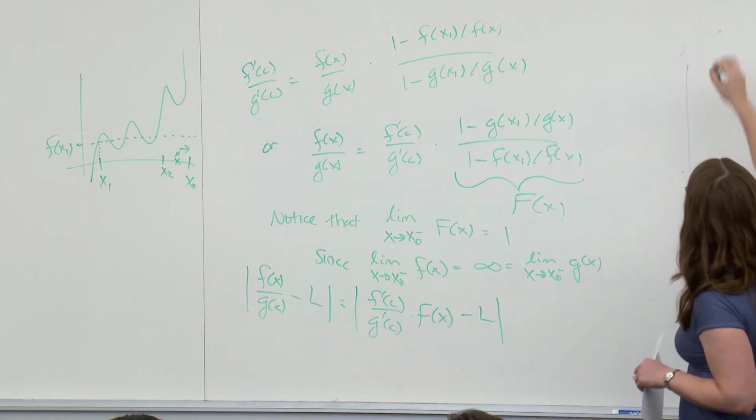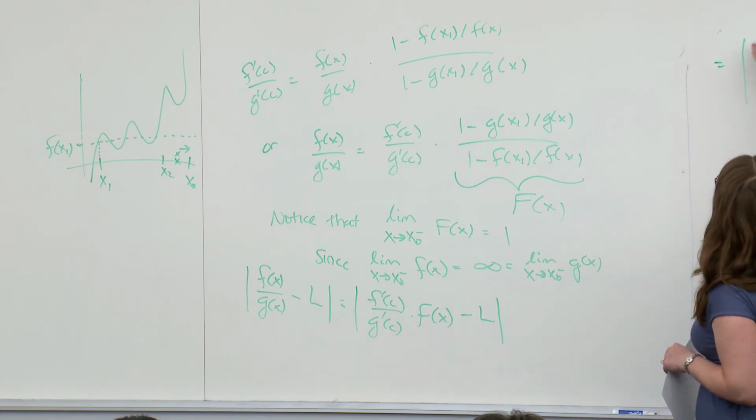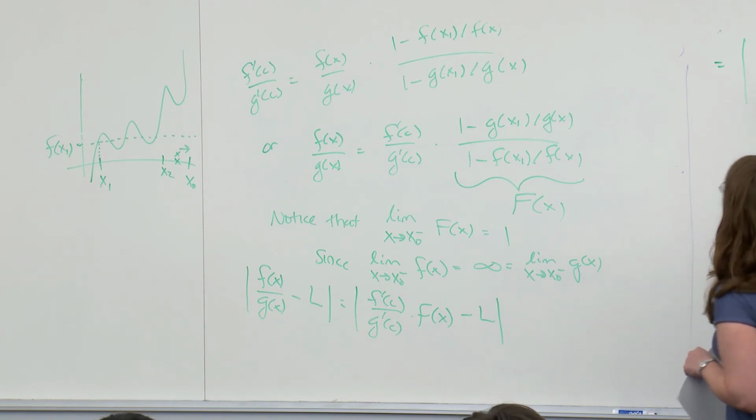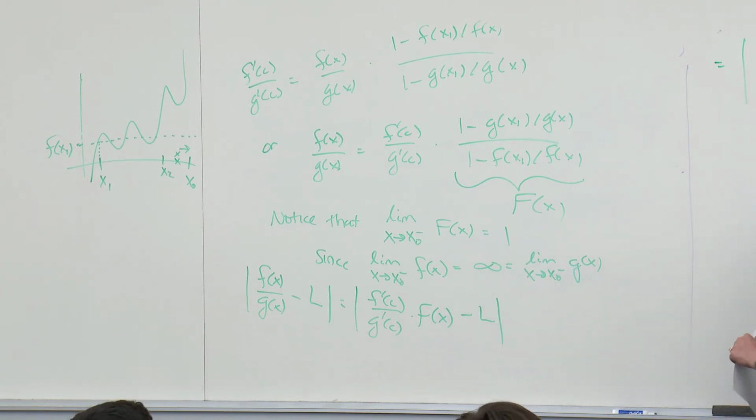So let's try to rearrange this a little bit. So I have f prime of c over g prime of c, I have capital F of x. What would be reasonable to put here, to add or subtract here? Something that we could control, that we could keep small. Okay, you want a delta.